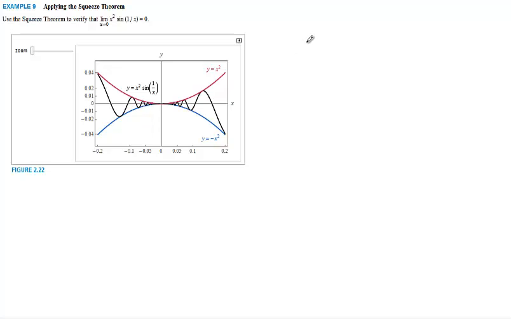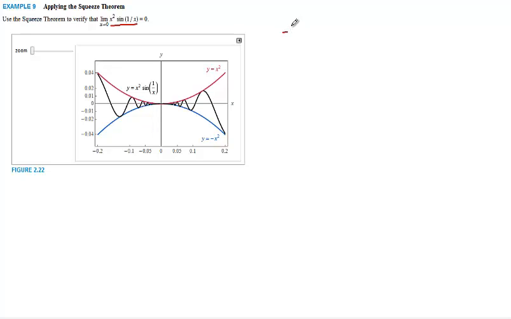Alright, we're going to try to use the squeeze theorem to show that if I was given this function x squared times the sine of 1 over x, and I wanted to know the limit of that function as x went to 0, what that equaled. I'm going to prove to you, hopefully so, that that limit equals 0.